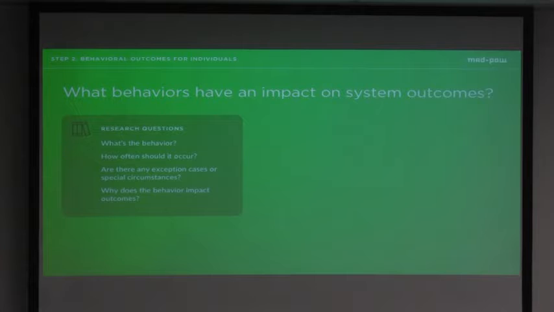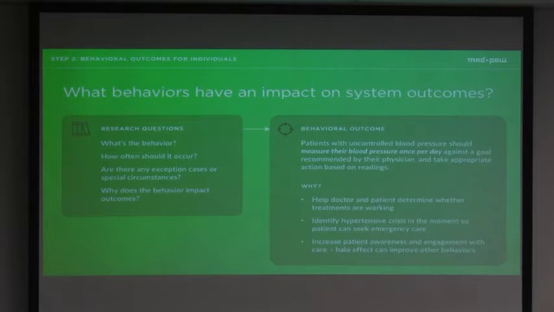So in case of blood pressure, if we did this process this way, we'd come up with a behavioral outcome such as: patients with uncontrolled blood pressure should measure their blood pressure once per day against a goal recommended by their physician and take appropriate action based on the reading.